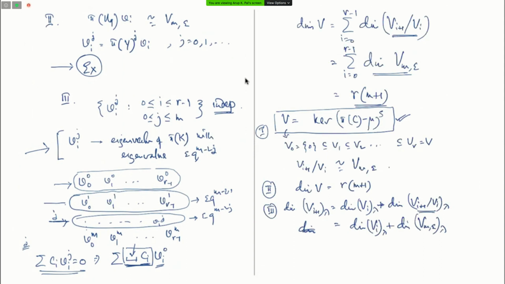Now as a corollary, for lambda equal to this, you conclude that the dimension of V lambda is going to be R, because for this lambda these are all going to be 1, then you take the sum. So this is going to be R.